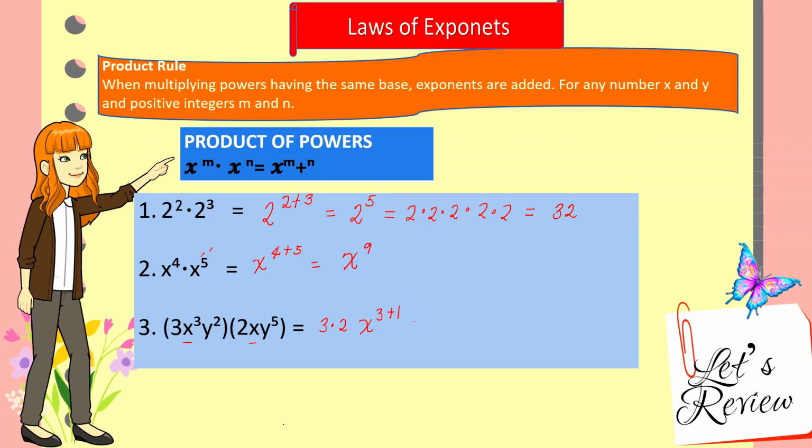And then the y variable, yung first, we have the 2 exponent and add it to the second variable of y, which is 5 ang exponent natin. So combine, add the exponent. 3 times 2 is 6, and then x, 3 plus 1, we have 4. And then y, we have 2 plus 5 is 7. So number 3 answer is 6 x raised to the fourth power times y raised to the 7th power.